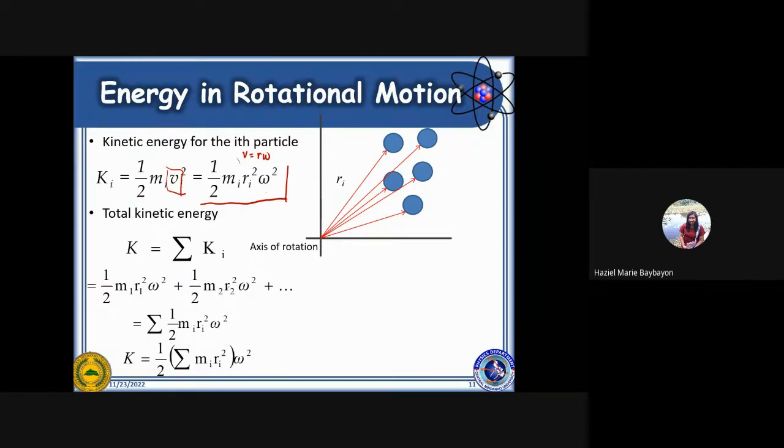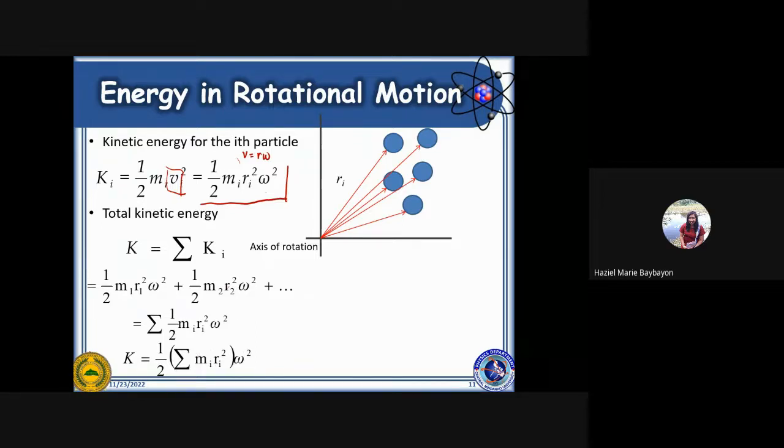Mag-vary man ang mass. Okay, as you can see. And then, mag-vary pud ang imong r with respect to the center. Kini siya lahi ang value sa r. This one, medyo taas. Kining mas duol, medyo gamay lang ang iyang value sa r. So on. Okay? So, we can call this as I.